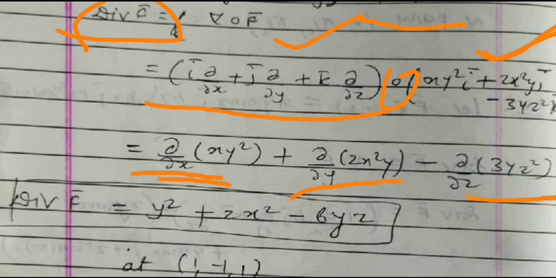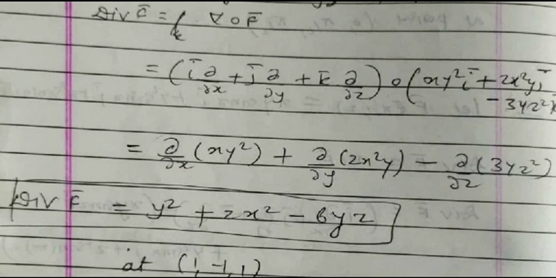So ∂/∂x (x y²) i·i is 1, plus ∂/∂y (2x² y) j·j is 1, then minus ∂/∂z (3y z²) k·k is 1.